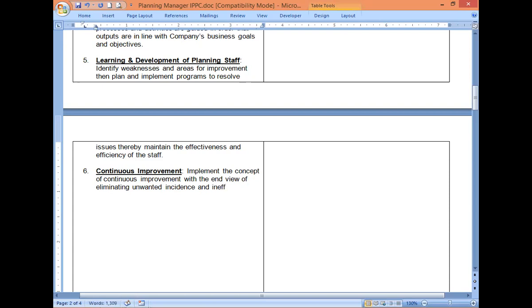Inefficiencies, I don't know if that's the right spelling. I think so. Yeah. Of what? Of the plant. Part of the lean management, right? And processes.